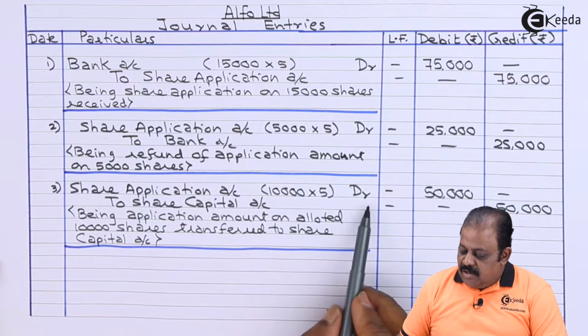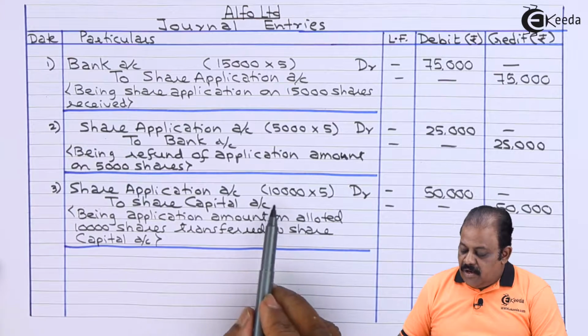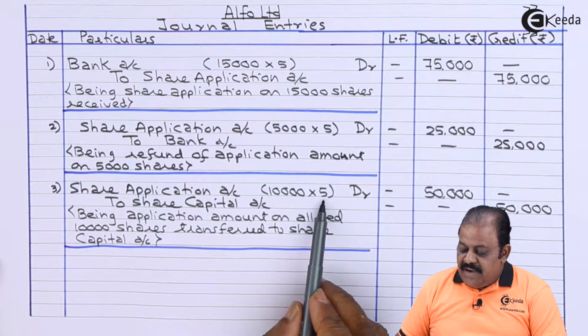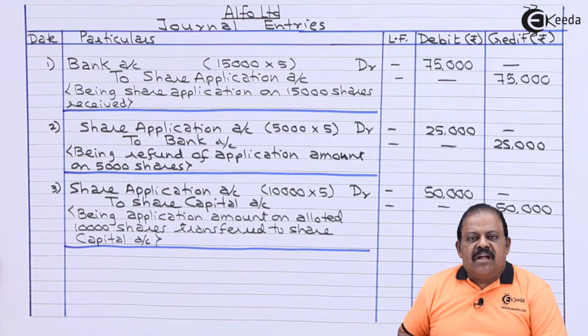Share application account debit to share capital account on allotted 10,000 shares, 5 rupees application amount, that is total 50,000 is transferred to share capital account. Here we have completed the first stage, that is application stage.